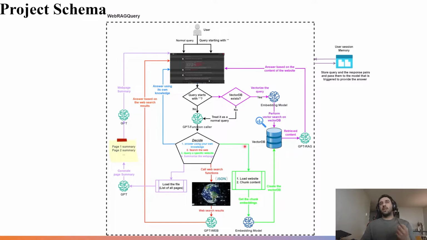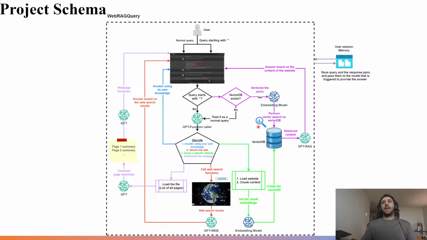That function is going to load the website and chunk the content. Behind the scenes, it's going to pass the content into the embedding model. I'm saying behind the scenes because I'm using LangChain. And as we saw in RAG-GPT, you don't necessarily see the embedding model directly, but you have to pass your embedding model to LangChain. So it passes all the contents to our embedding model, gets the embeddings, and creates a vector database and saves it locally for us.